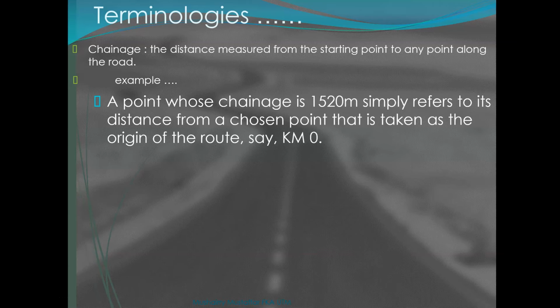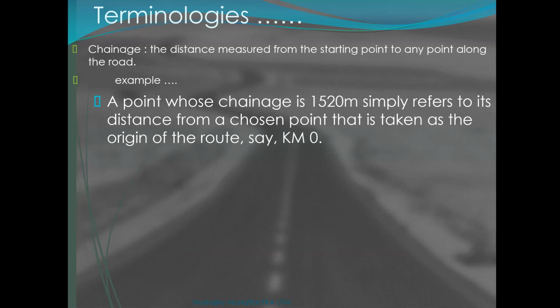If you say you are near a hill or near a big tree or whatever, that will be ridiculous. If you look at the markers on the road and say, I'm at kilometer 1520, immediately the emergency services will know where you are and can find you easily. That's basically the purpose of a chainage, just to tell you where you are.